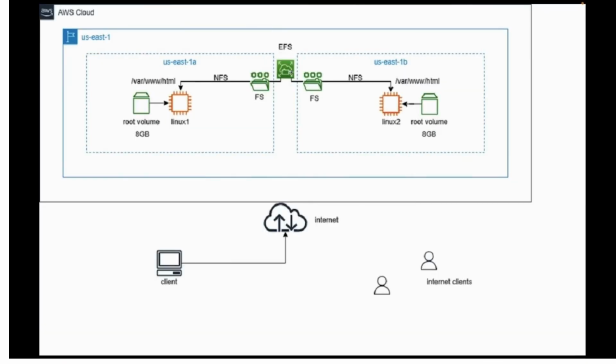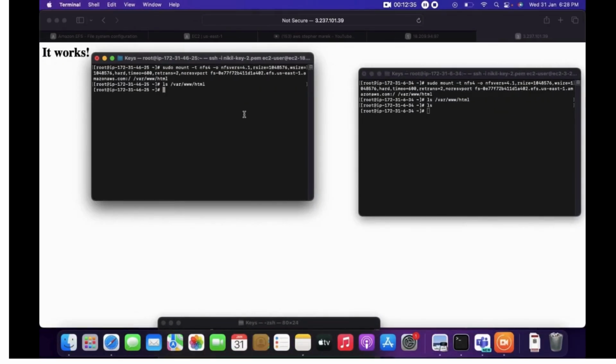We don't need to download the data into EFS directly, because if we copy the data into HTML, this will redirect to the EFS. It's just a link. So let's clone the data using git clone.